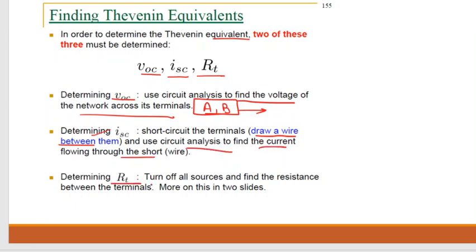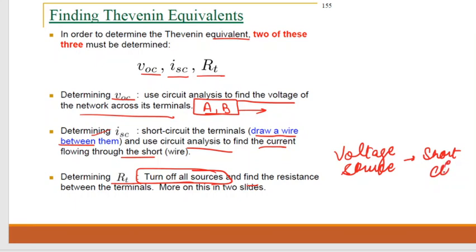For RT, turn off all the sources. A voltage source must be replaced by a short circuit, and a current source by an open circuit.